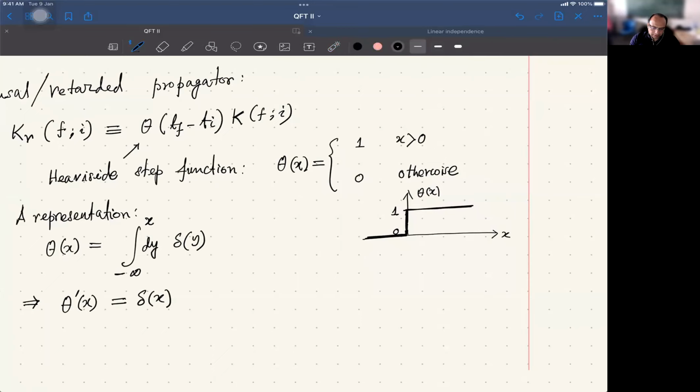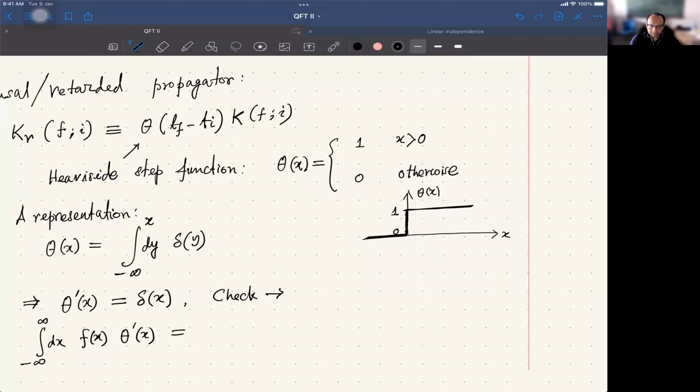So let us check it. Calculate the integral dx from minus infinity to plus infinity of f of x theta prime of x. Since theta prime of x is supposed to be delta of x, we should get f of 0. The result should be f of 0. Okay, so let us check that.